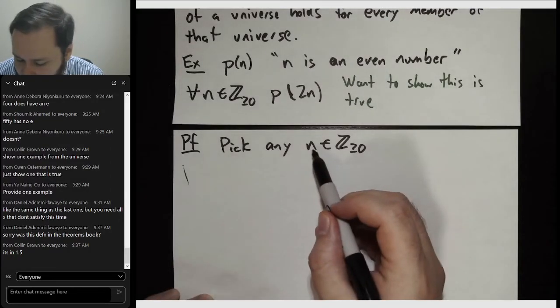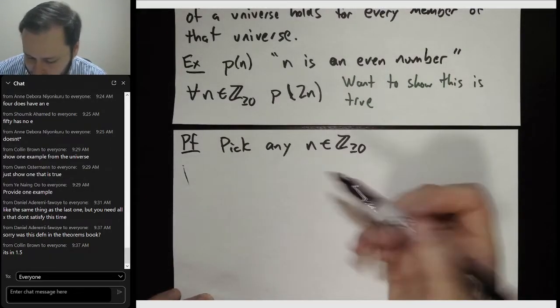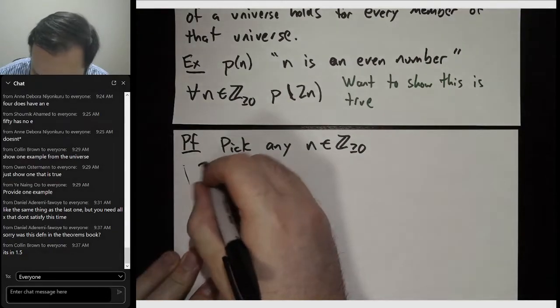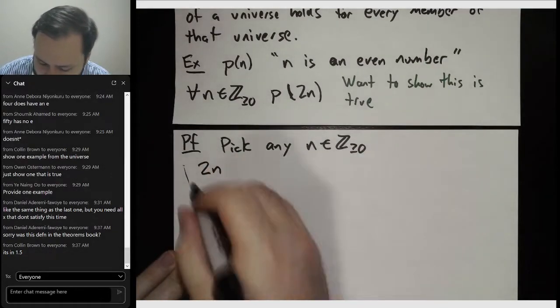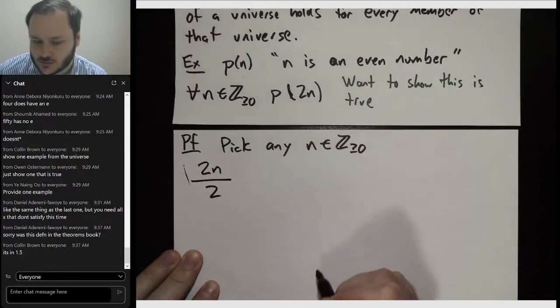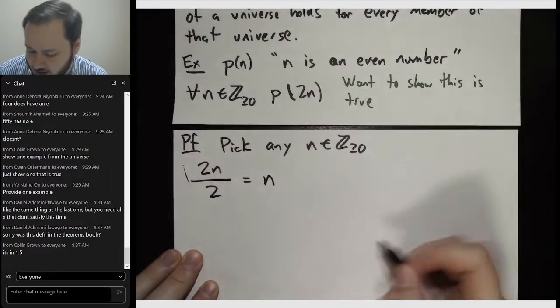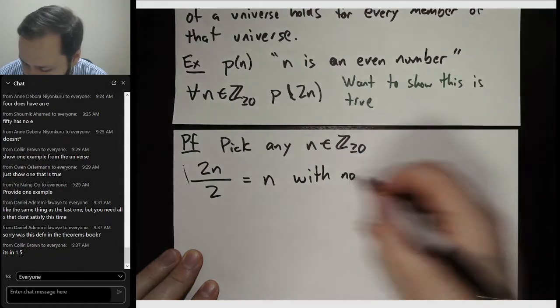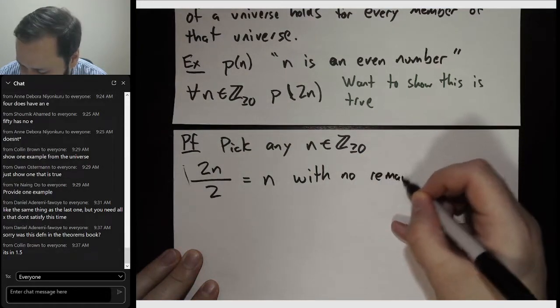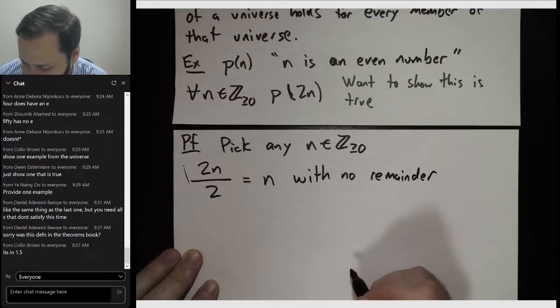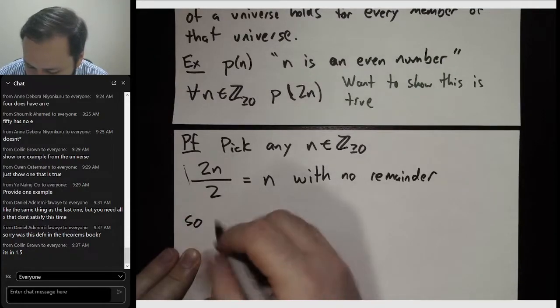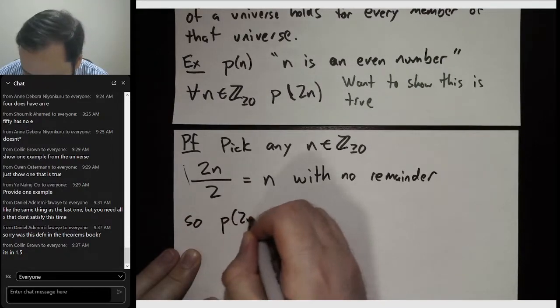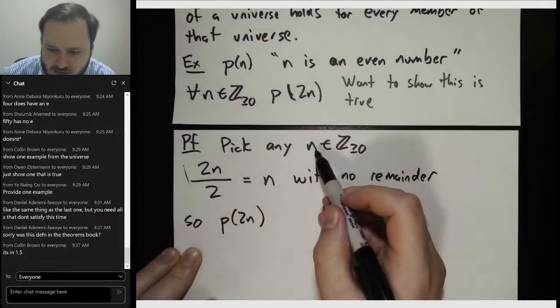So pick any non-negative integer. If I take 2n and I divide it by 2, I get n left over with no remainder. So that means P of 2n is true for this specific n that I picked.